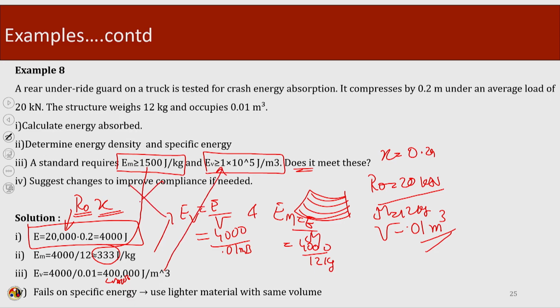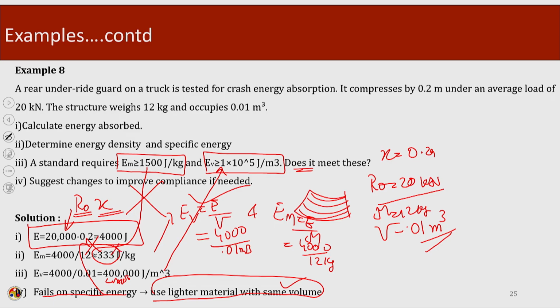So, here it is not meeting the requirement, and here it is meeting the requirement. It means that the volume is okay, but we have to lower the mass. It fails in the specific energy criteria, the per unit mass criteria. So, we have to use a lighter material with the same volume. The volumetric criteria it is meeting, but the mass criteria it is losing out.